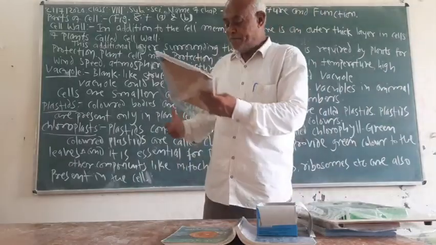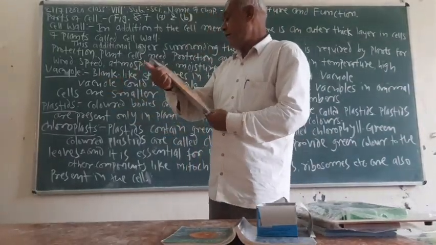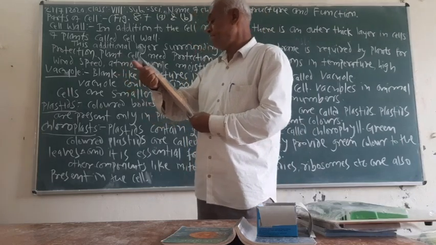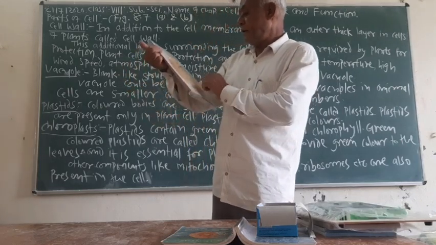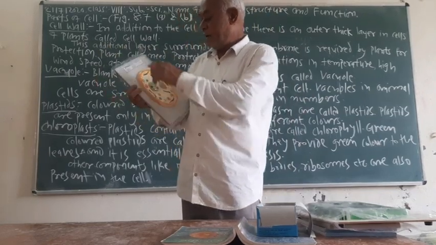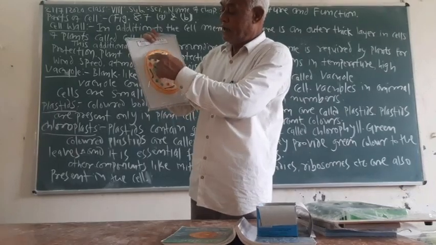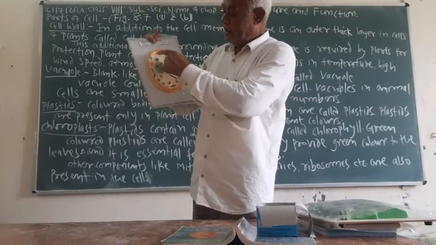If we see the animal cell, the vacuole is indicated as number 7 here. This is the vacuole.